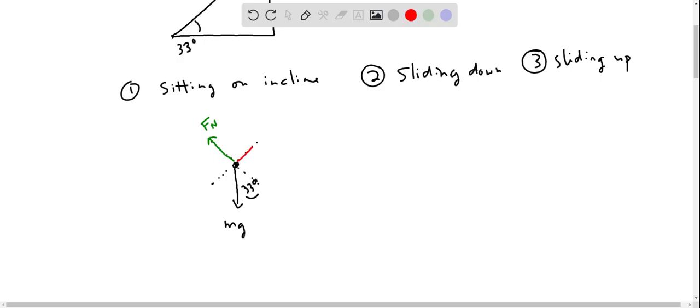And we typically call that static friction. And what that static friction is doing is it's canceling the component of the weight along the incline. And that component is mg sine of 33 degrees.